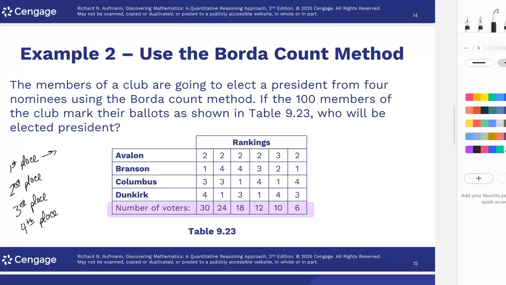So I've got 4 places, which means I'm distributing 4 points. So this is going to be the number of points. First place is going to get 4 points, second place is going to get 3 points, third place is going to get 2 points, and fourth place is going to get 1 point.